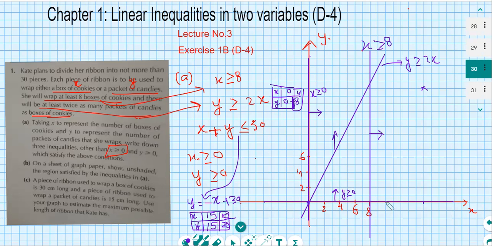So where is 10? 10 is here. So approach 20 now from the y-axis: 6, 7, 8, 9, 10, 11, 12, 13, 14, 15, 16, 17, 18, 19, and 20. This point.